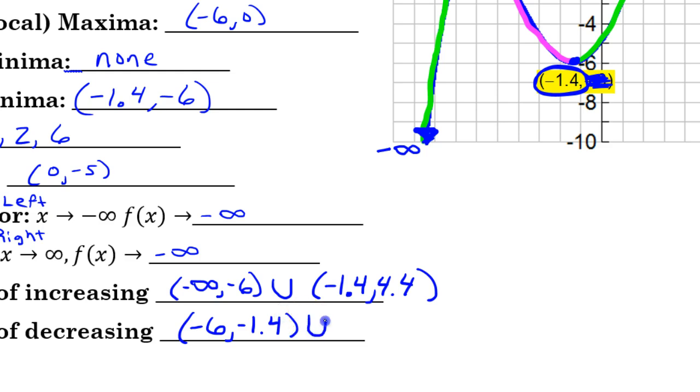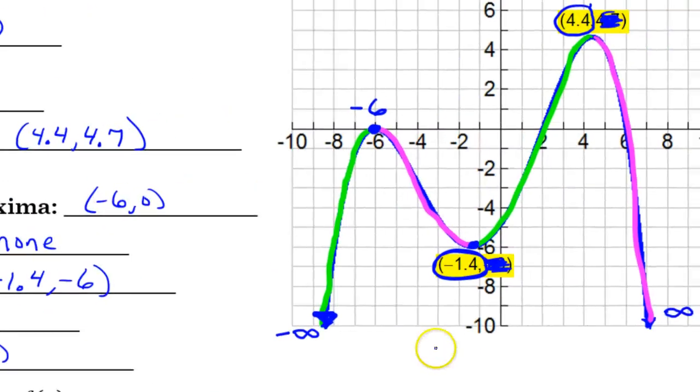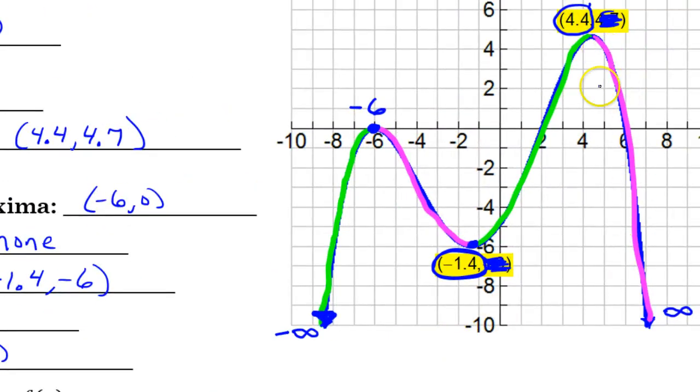And there's another one coming, so I'll put a union. The other decreasing interval shown here in pink is from 4.4 to positive infinity. Not negative infinity, positive infinity, because it's to the right. Negative infinity is to the left. So 4.4 to positive infinity.